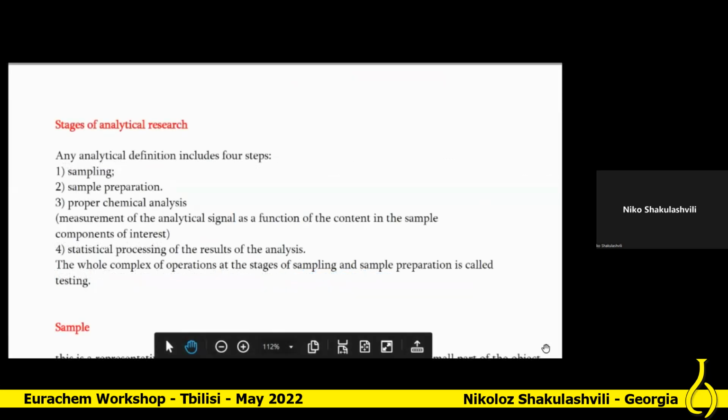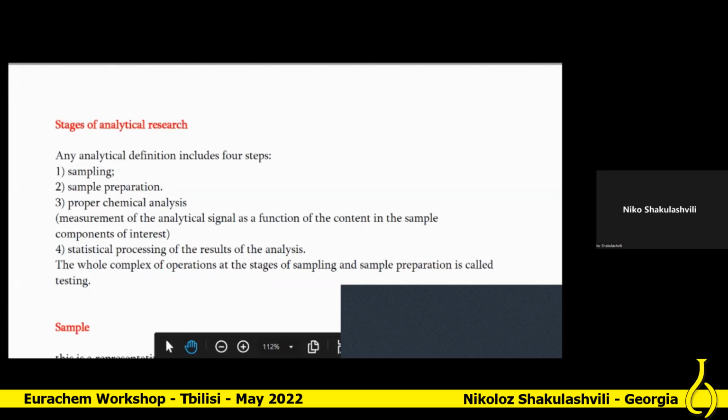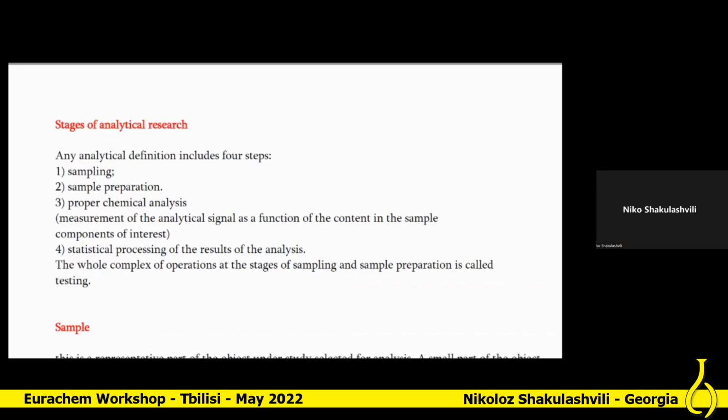As you may appreciate, whenever we speak about analytical process, this is connected to sampling and also preparation of the sample. Then we speak about the third phase, which is about conduct or carrying out of the analysis. And then we need to process the data obtained by us.